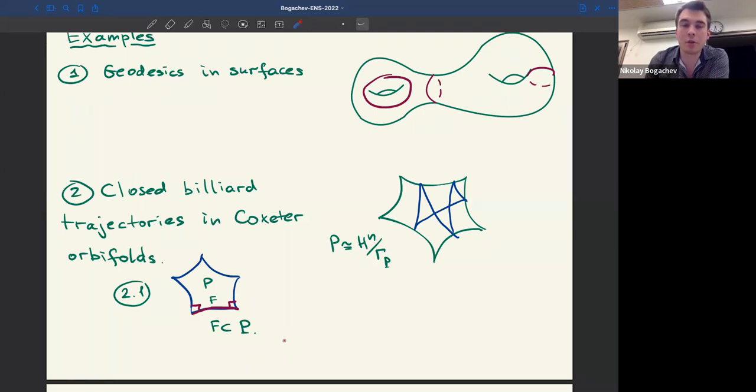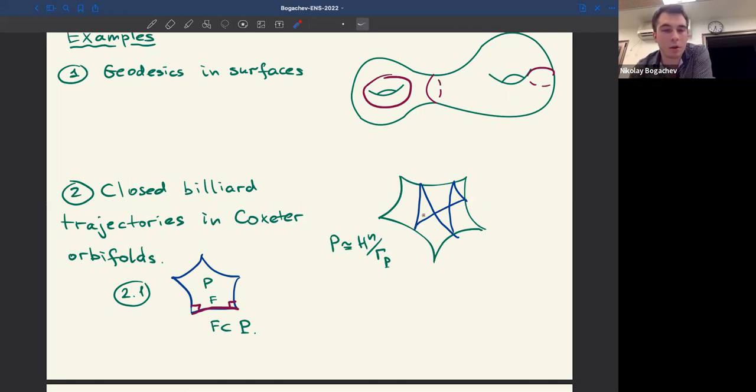Totally geodesic lines in the corresponding reflective orbifold can be viewed as this polyhedron with reflective singularities in the facets, and this means that a totally geodesic subspace will be a closed billiard trajectory in this polygon or polyhedron.